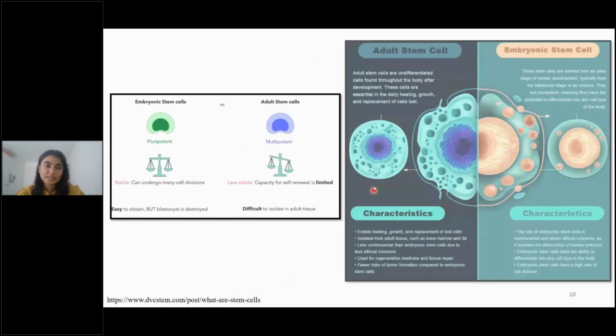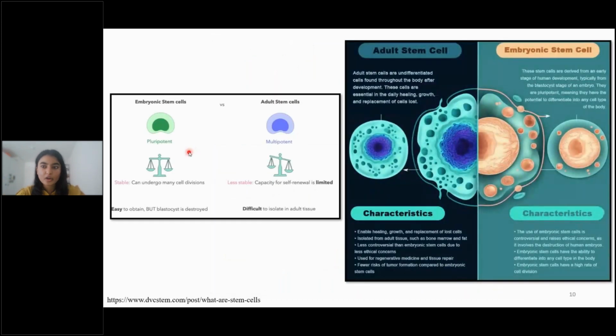Then, what is the difference between the adult stem cell and the embryonic stem cells? So what is the difference between adult stem cells and embryonic stem cells? Adult stem cells are undifferentiated cells, and they are found throughout the body after development. These cells are essential in the daily healing, growth, and replacement of the cells which are lost.